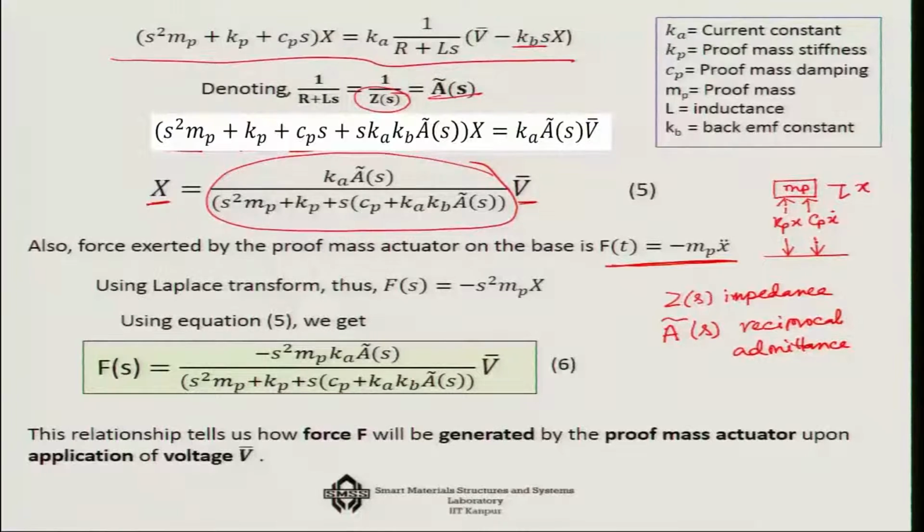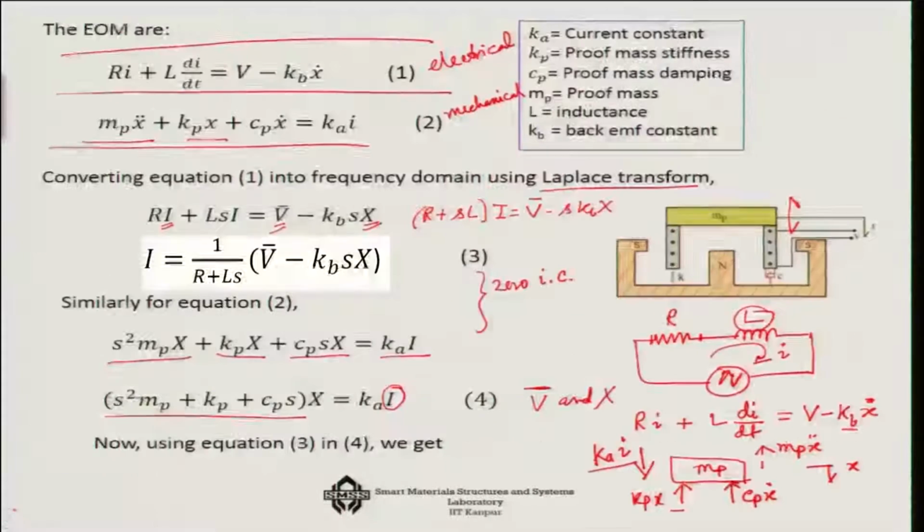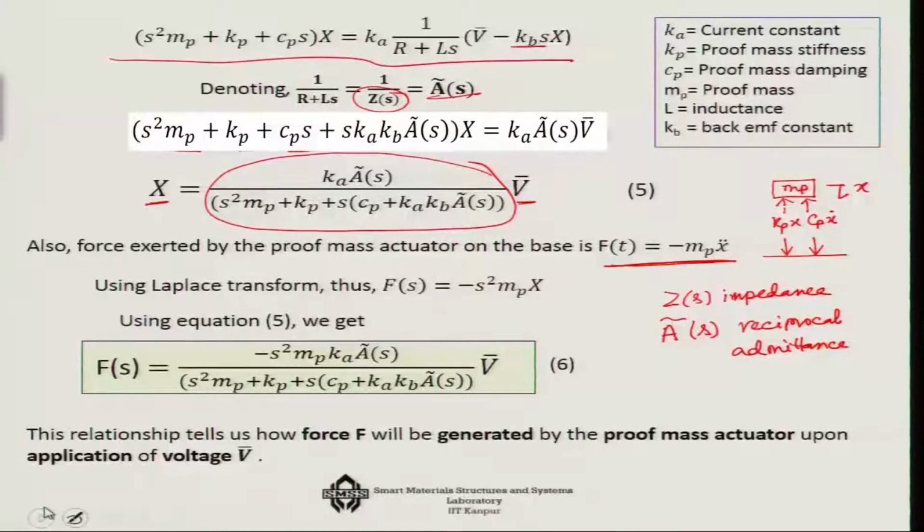So, if you look at the earlier governing equation, we have Mp x double dot plus Kp x plus Cp x dot equals Ka times the input, and since we are considering this effect itself, this Kp x plus Cp x dot, the total of them, is equivalent to the Mp x double dot part of the system.